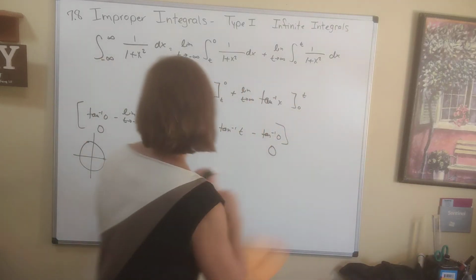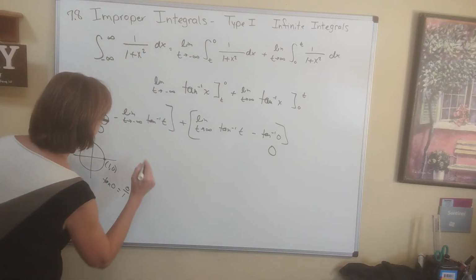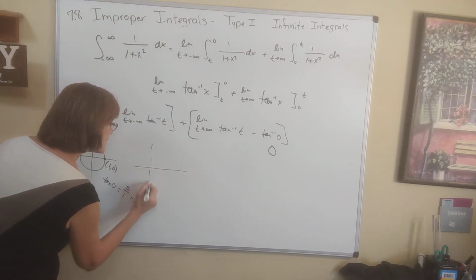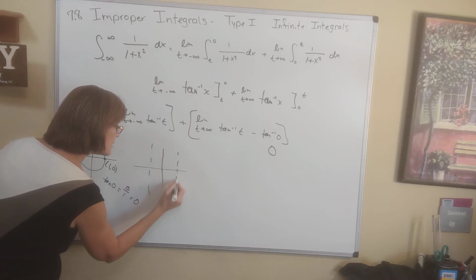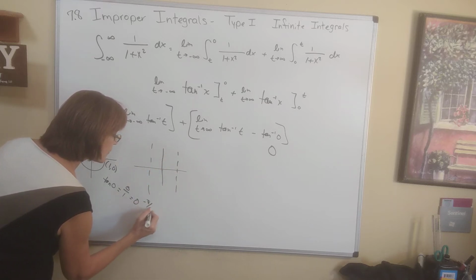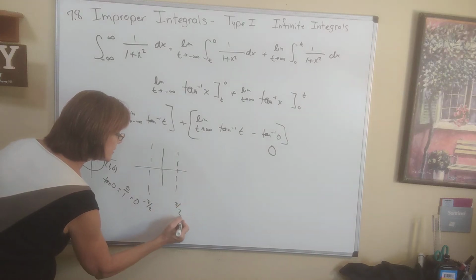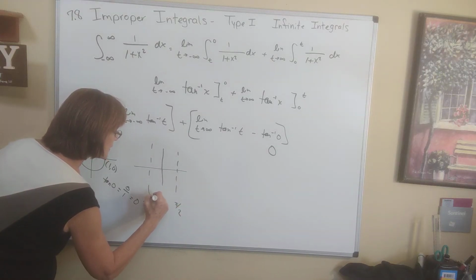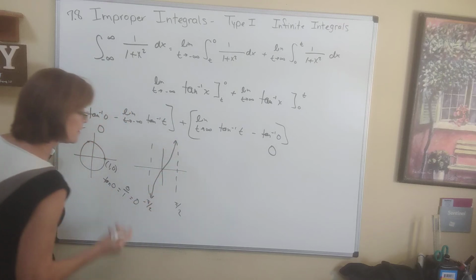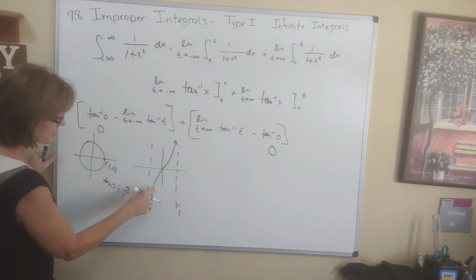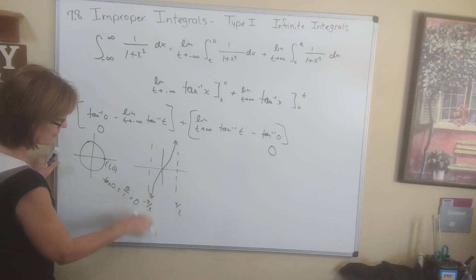So if we look at the graph of tangent, this is what it looks like. This is the y-axis. This is negative pi over 2. This is pi over 2. And it looks like this. This is basically what the tangent looks like. This is when it's going to negative infinity, right here. It's headed down to negative infinity as it approaches this vertical asymptote, negative pi over 2.